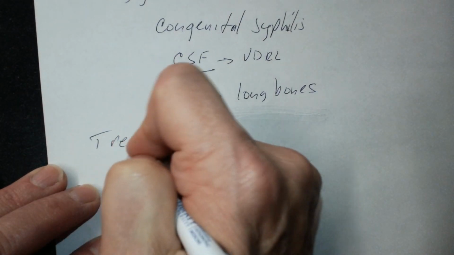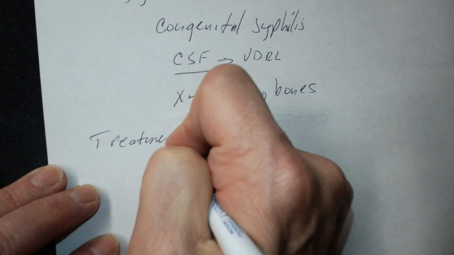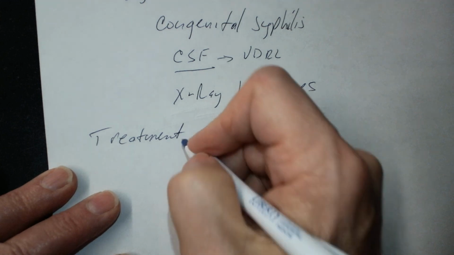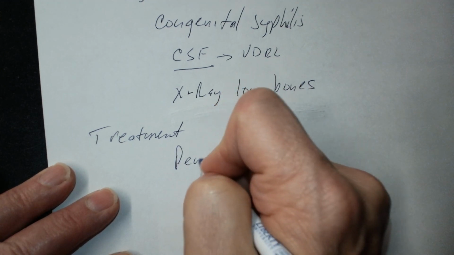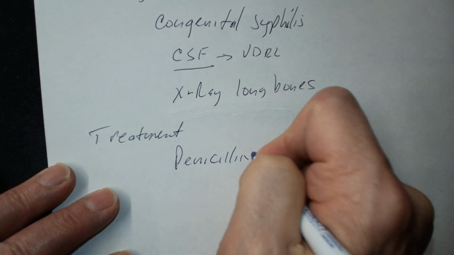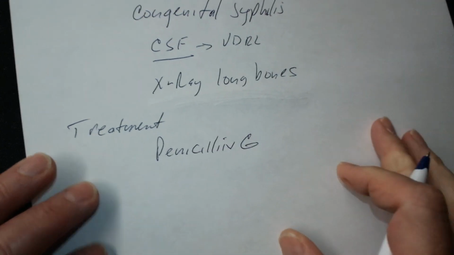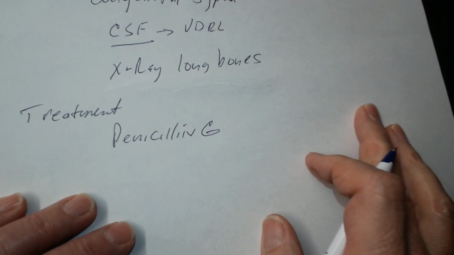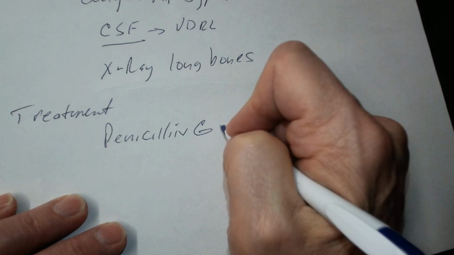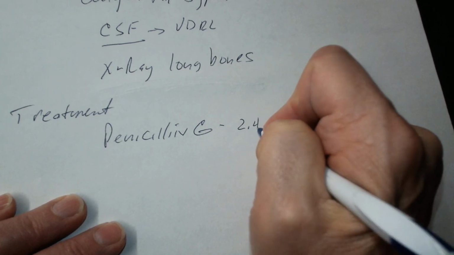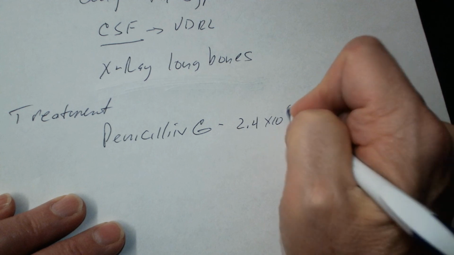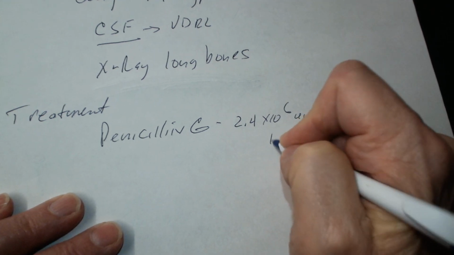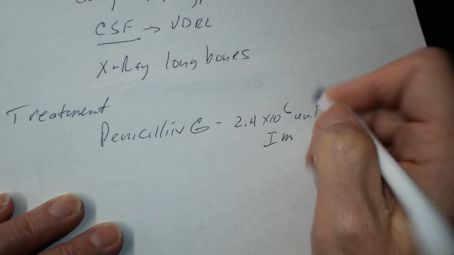Treatment. Still, the treatment of choice for syphilis is penicillin G. Fortunately, Treponema pallidum is still very susceptible to penicillin G. So you give 2.4 million units, and you give that IM.